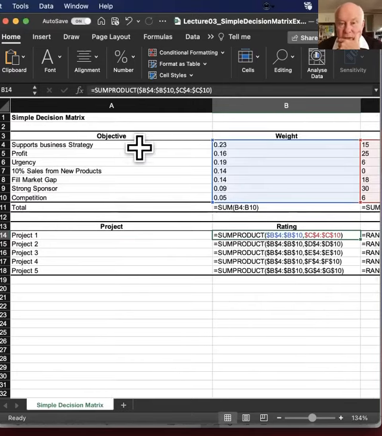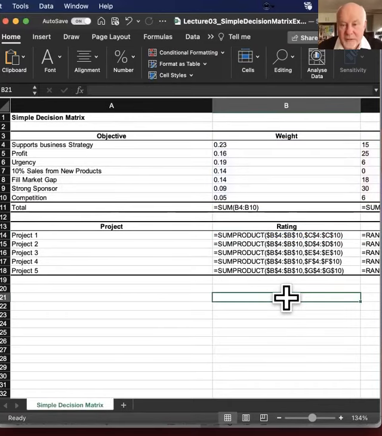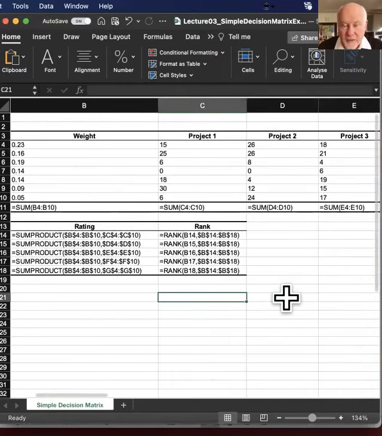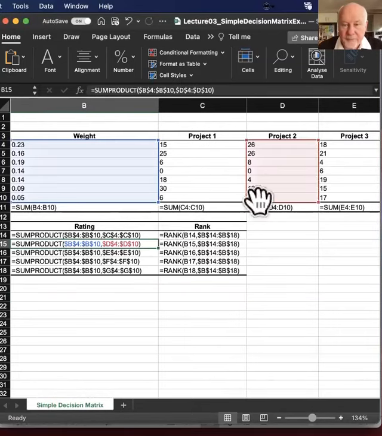This is what it looks like under the hood in the spreadsheet, and I think it might make it clearer for some of you. We're going to look at project 2 here.